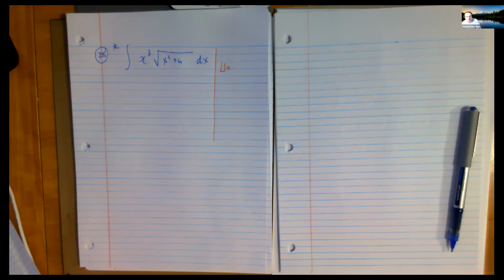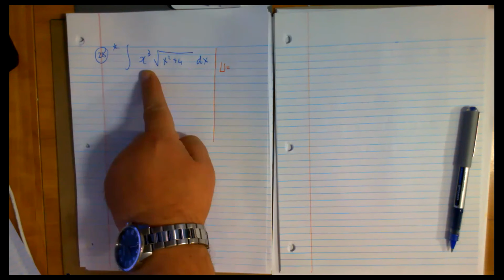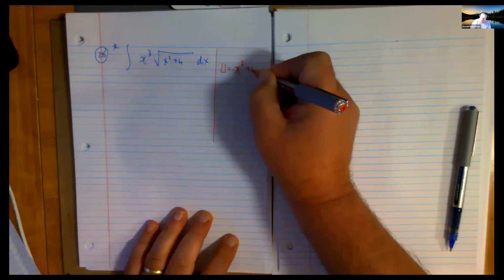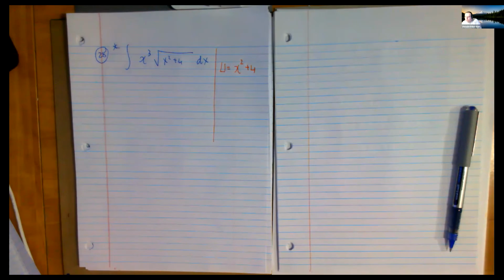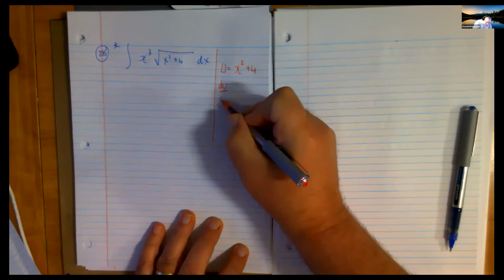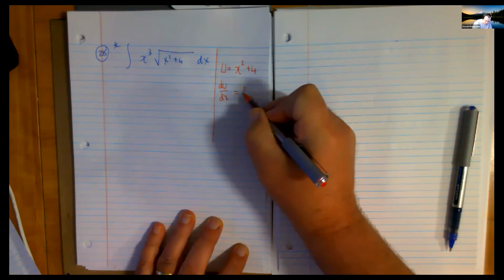Okay. Who is the obvious U sub in this story? X squared plus 4. Right. Aren't we using the ugly guy in the square root rule? It is the correct U sub. If you differentiate with respect to x, you will get 2x.